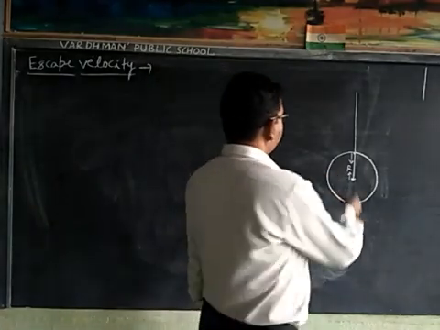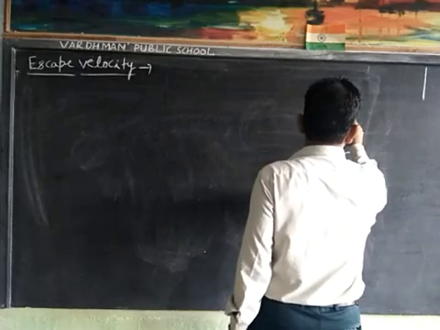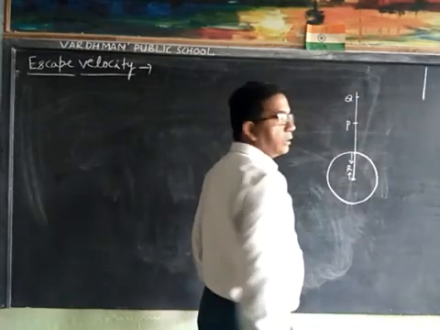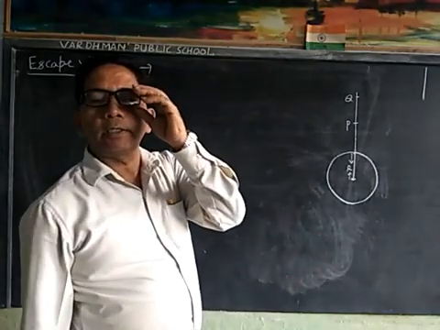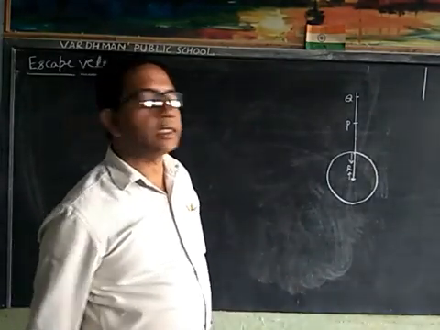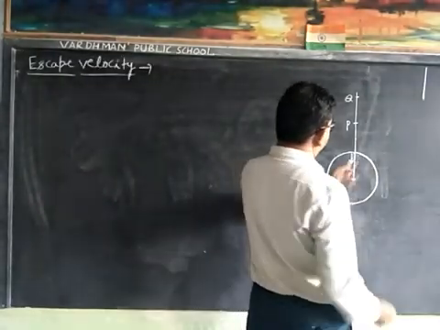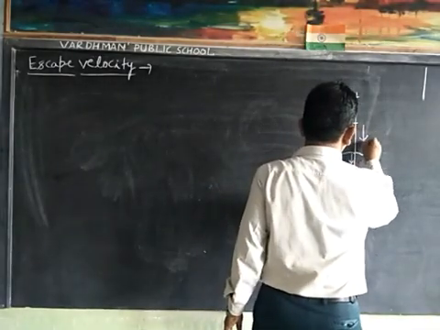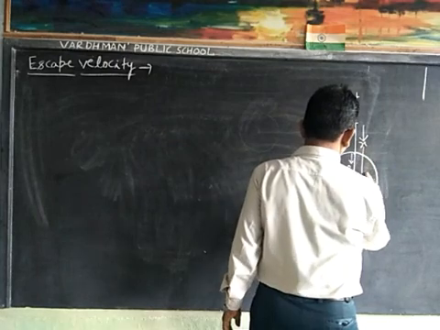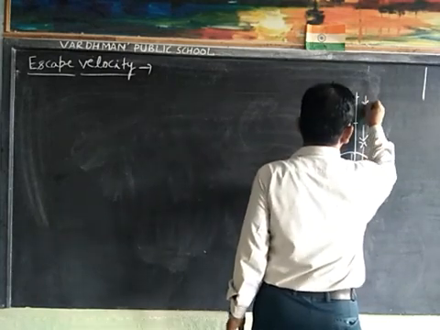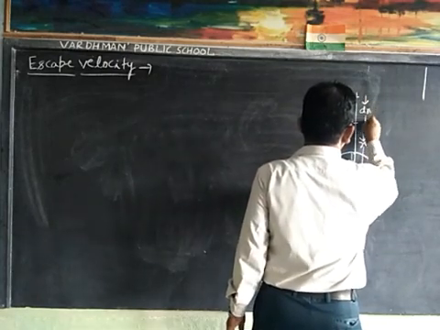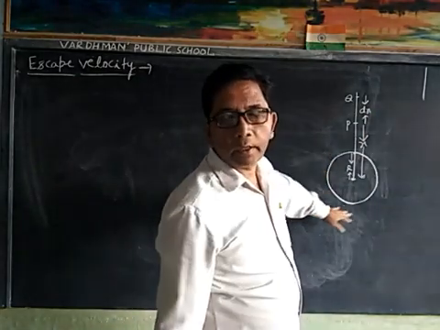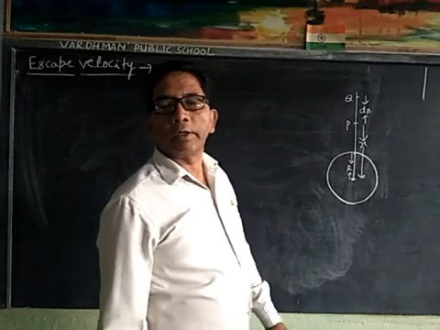Now let two points P and Q be at a distance. This distance is equal to x, and this distance is dx.